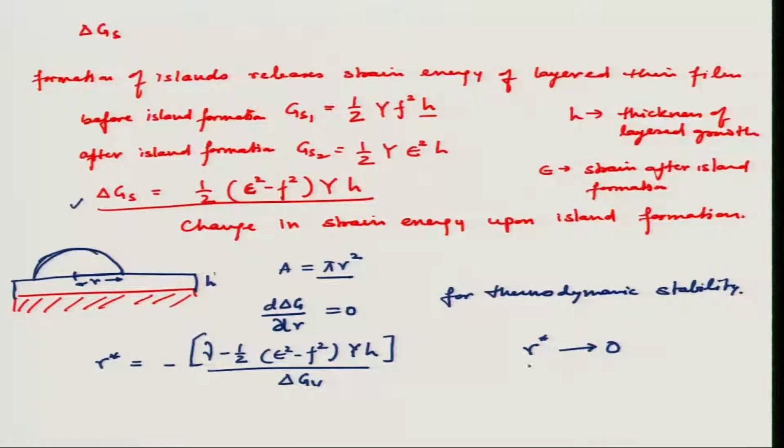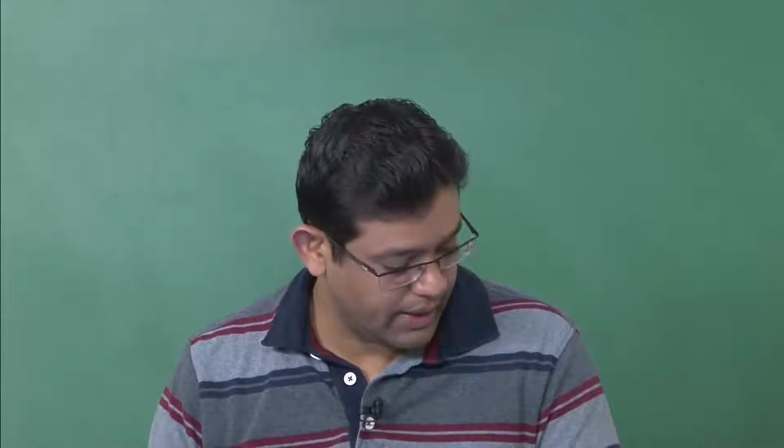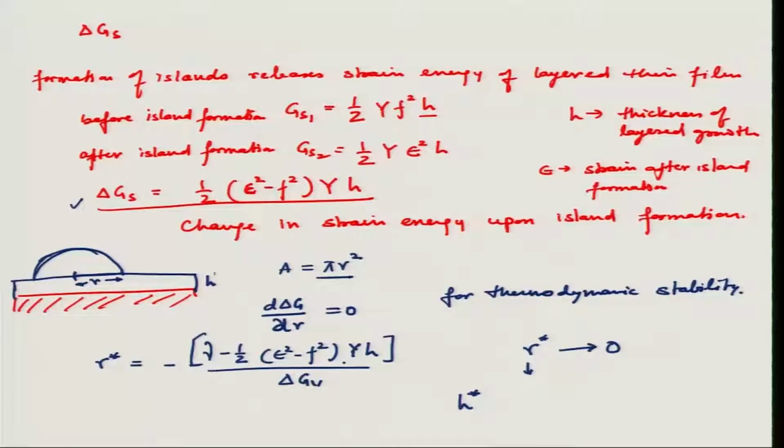So, in this case we can calculate what would be my H star, that critical thickness where the formation of islands starts. If we do this from this expression, we can calculate a relation between gamma and H in terms of other parameters, and we will get 2 gamma over (epsilon square minus f square) into Young's modulus.